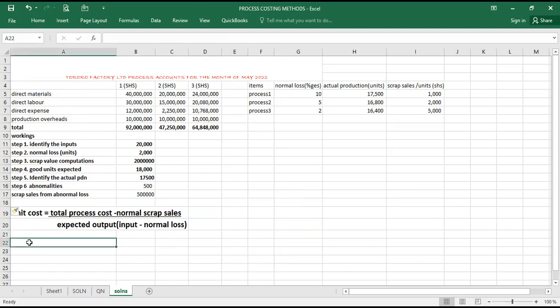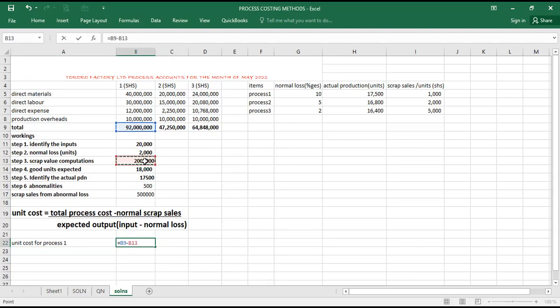Let's first get the unit cost. The unit cost for process one will equal the total process cost, which is this, minus the scrap value, which is this.